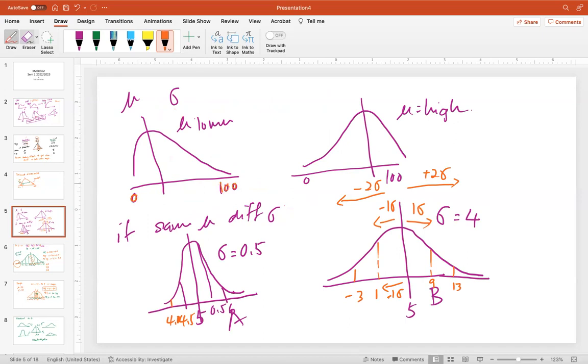If your mean or your curve tends to be on the left side, it means your mean is at a lower value. If most of your data is on the right side, your mean will be higher than the left skew.